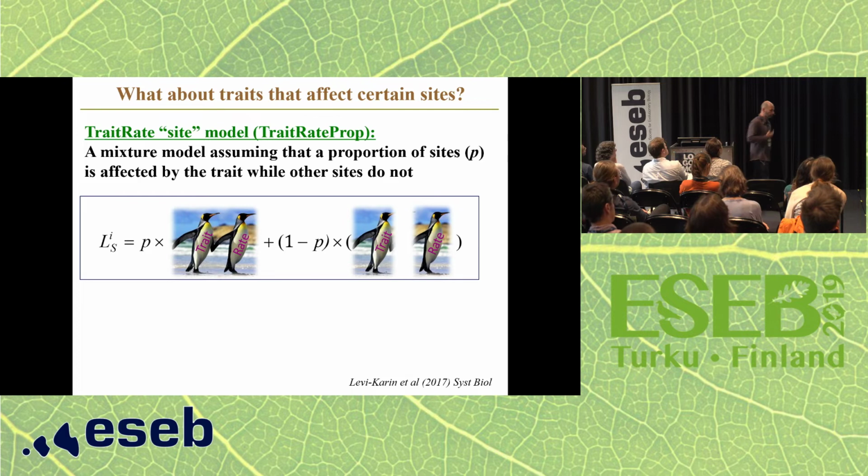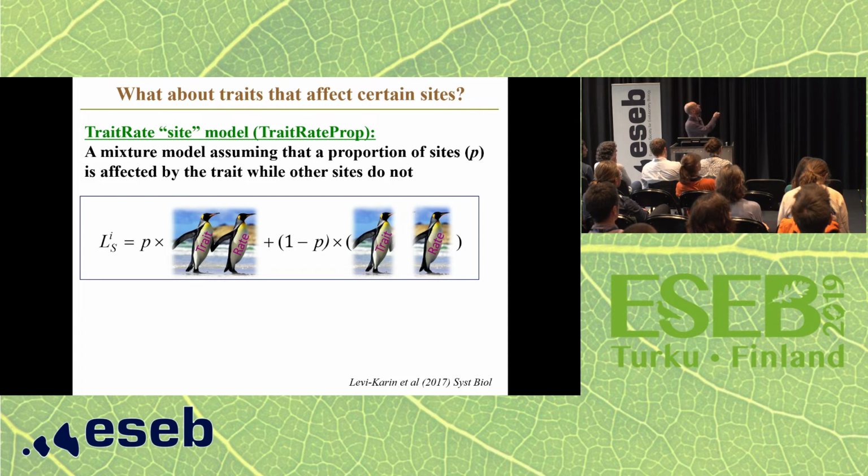Okay, so next we extended this model to allow only specific sequence sites to be affected by the trait that we study. So again, basically we use a mixture model where, in each position, we calculate the likelihood over two scenarios.